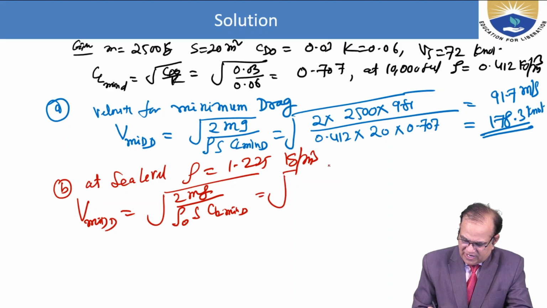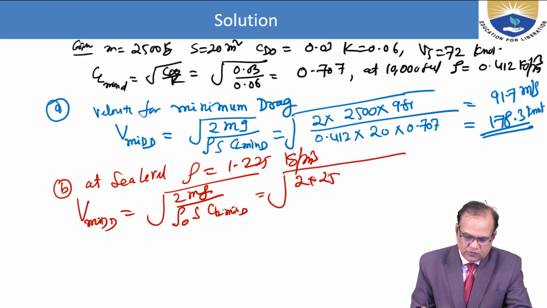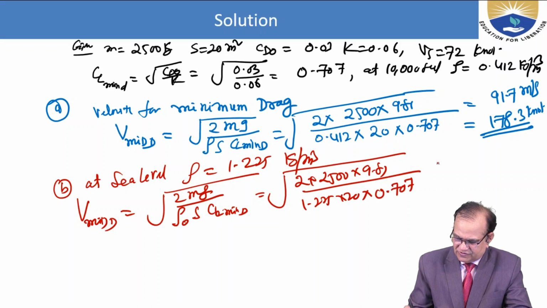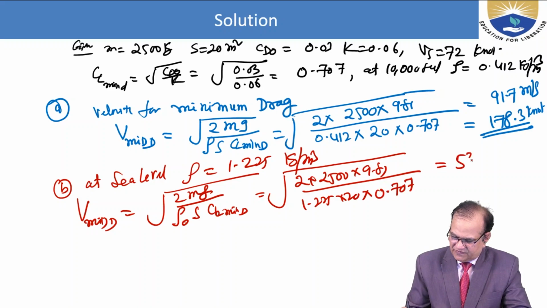So here we will write that 2 into 2500 into 9.81 divided by 1.225 into 20 into 0.707. We will get this 53 meter per second or 103.4 knot.